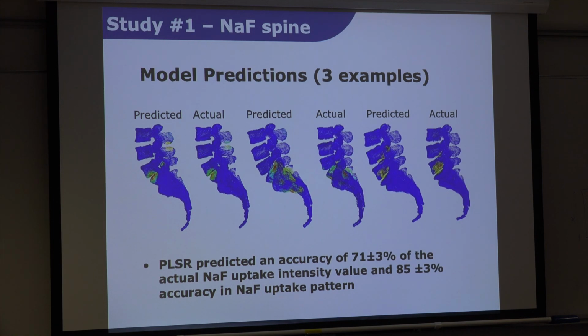Whereas when we binarized it into zeros and ones to solely look at the sodium fluoride uptake pattern or distribution, we got a higher accuracy of 85 plus or minus 3%. This basically means that our model could predict the distribution or the pattern of sodium fluoride, but with the intensity values, it usually over or under predicted.